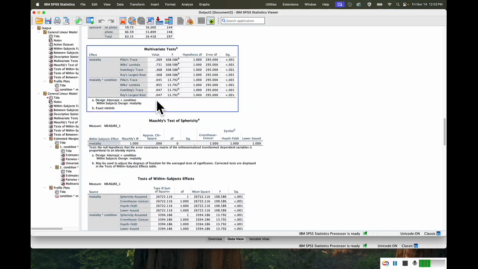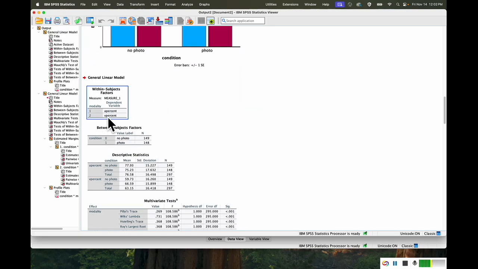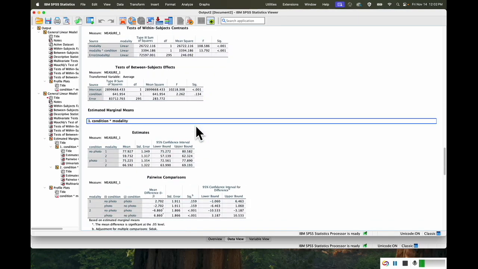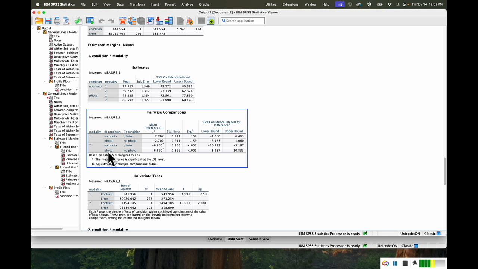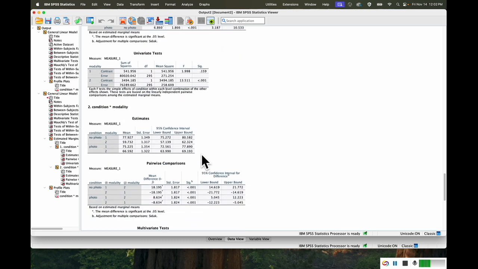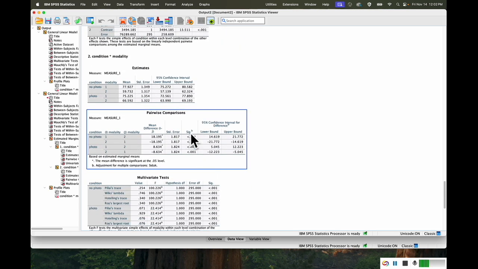So reminding ourselves, modality 2 is the visual. So that would mean that there is a difference between photo and no photo for the visual modality only, but not the auditory modality.